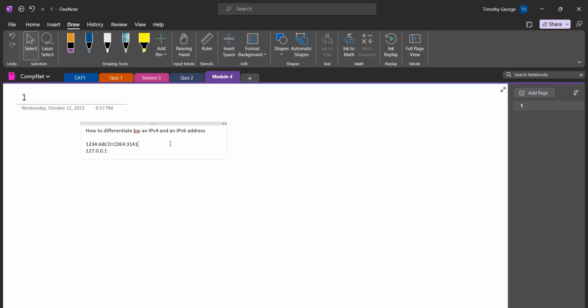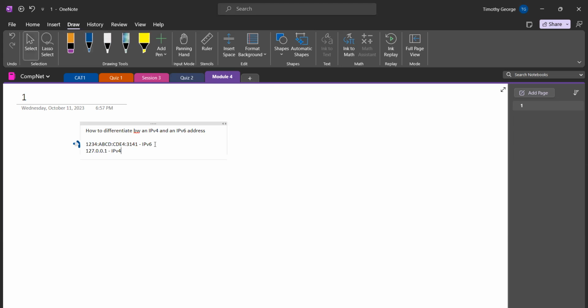Whenever you see hexadecimal digits, like here you have A and B and all these kinds of things, that should tell you that it's an IPv6 address. And this 127.0.0.1 is more like a normal IP address that you would see. This is an IPv4. So now you should know how to differentiate between IPv6 and IPv4 just by seeing the address.